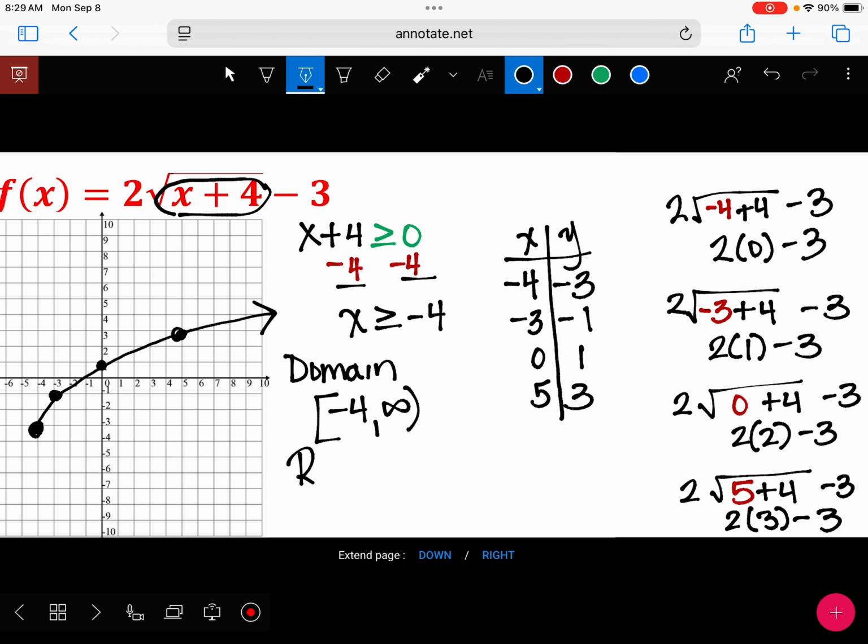Now, go ahead, take a moment after you graph it and write your range. What would you put for your range?